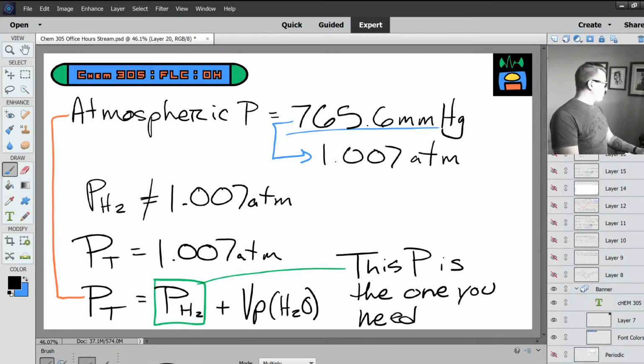Pre-lab question 2B. Okay, so in this experiment, partial pressure of water vapor is subtracted from the total pressure. What would happen to the pressure value if this were not done? Explain how the value you calculate for the molar volume of hydrogen would be affected.